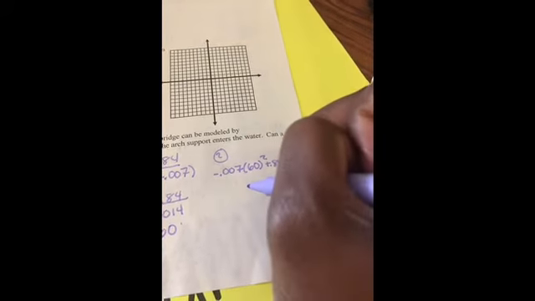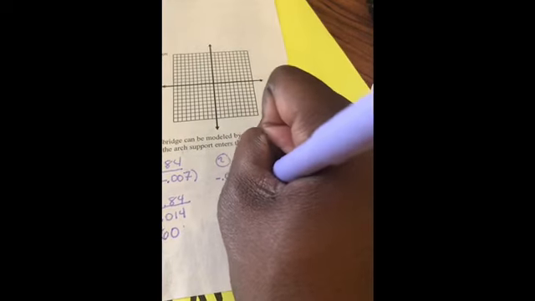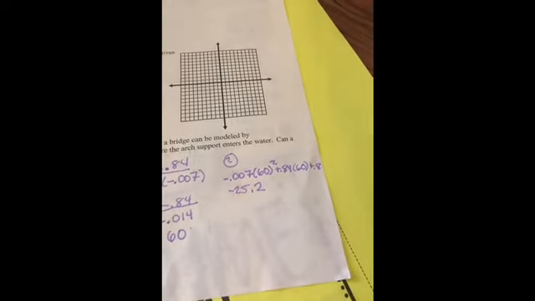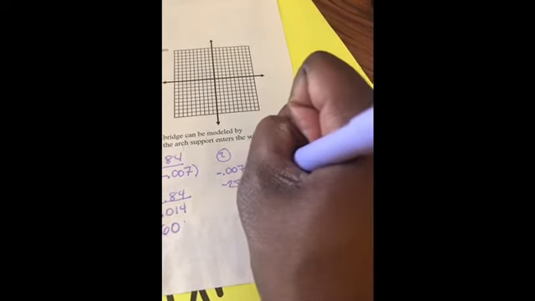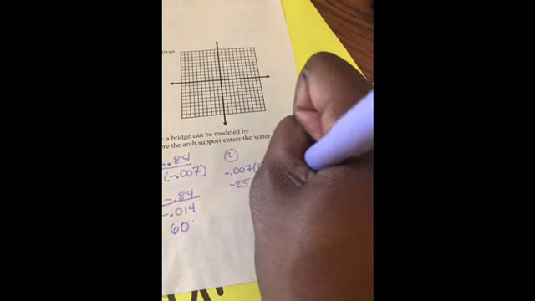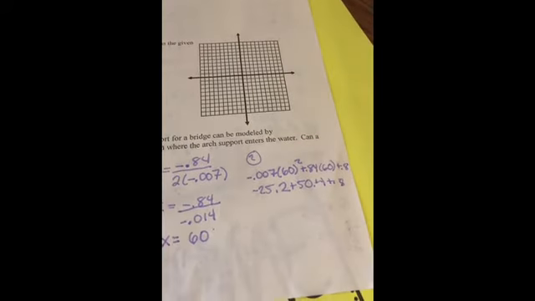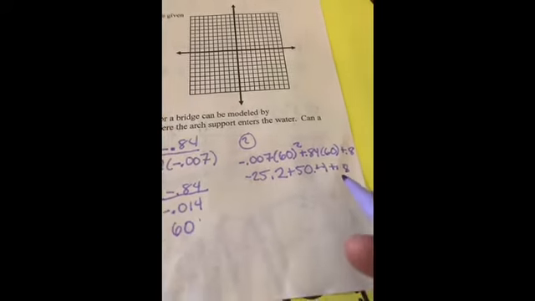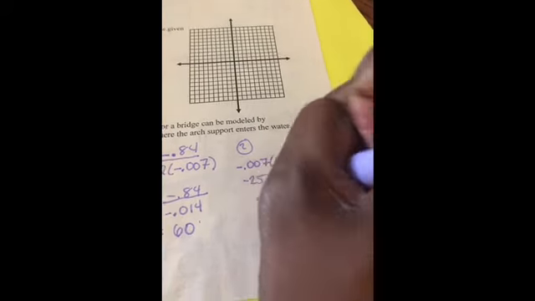Times negative 0.007, so that gives us negative 25.2. 0.84 times 60 is going to give us 50.4 plus 0.8. And my paper is running away from me. And then we add all that up or subtract, and you end up coming up with y equals 26.